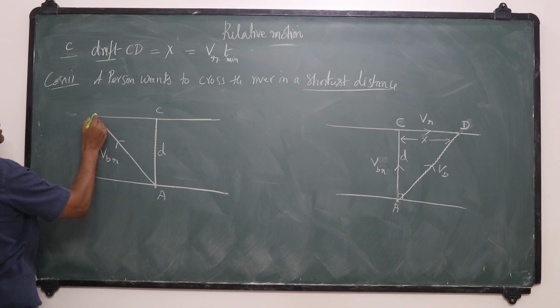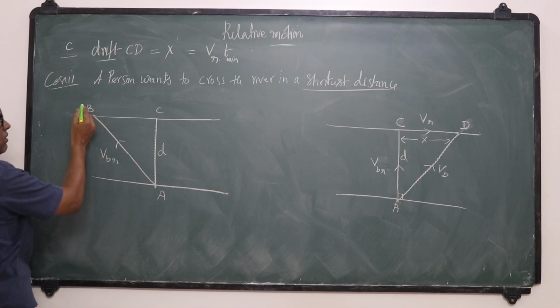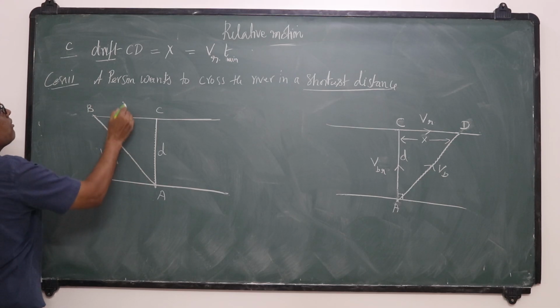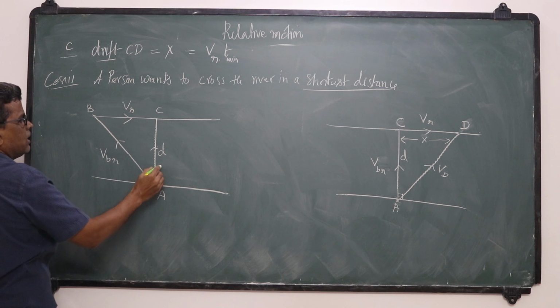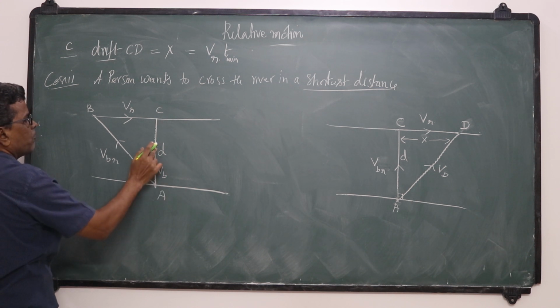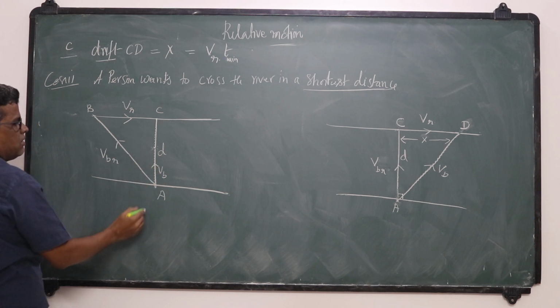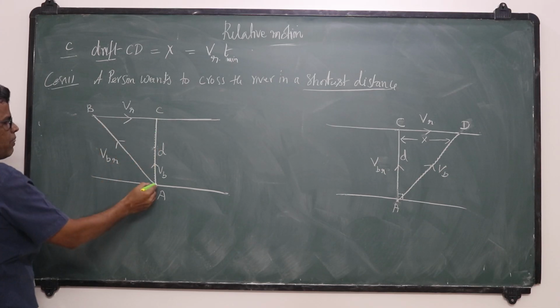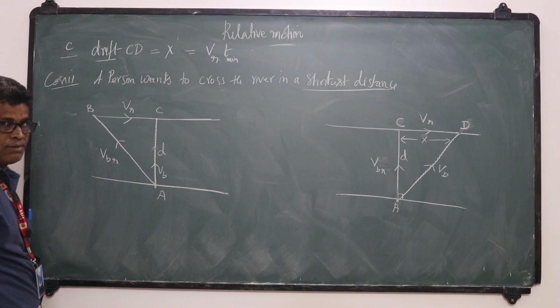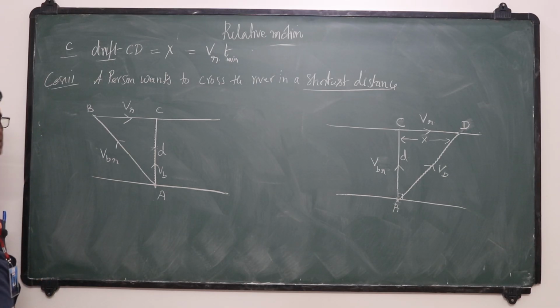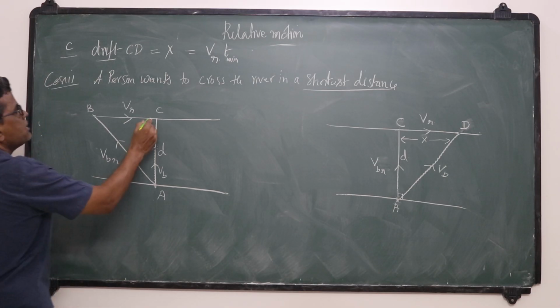If VBR is in this direction, AB, and this is VR, then this is VB. This is the direction of VB. So VBR plus VR is equal to VB, from the triangle law in the previous case. This is 90 degrees.